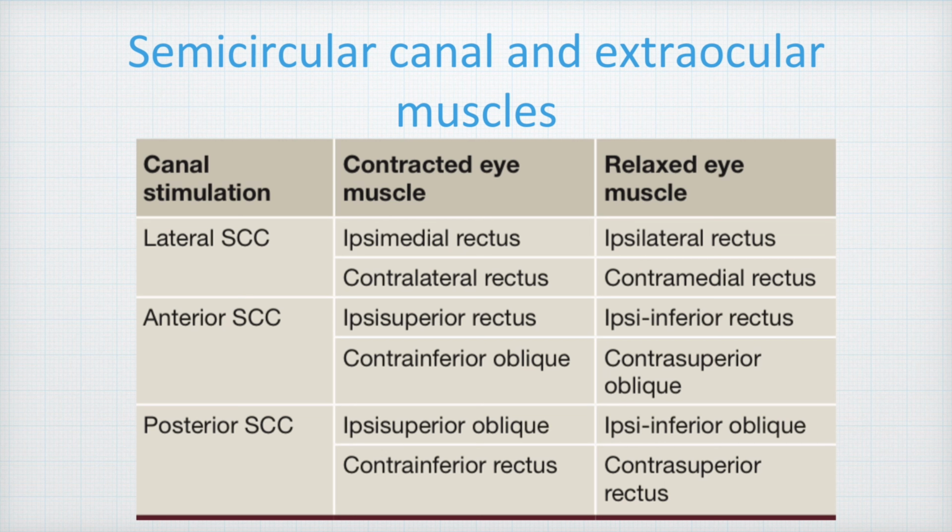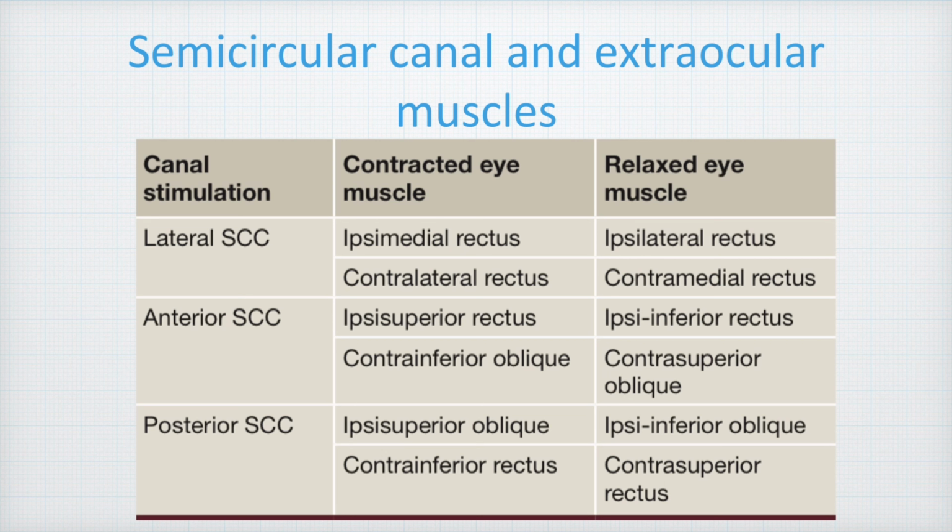Next are the superior semicircular canal and the posterior semicircular canal. All we need to remember is that the superior semicircular canal is superior rectus of the same side. Along with that, we just mention the exact antagonist of that in the contraction column. Superior rectus of the same side, so inferior oblique of the opposite side. That is also contracted.